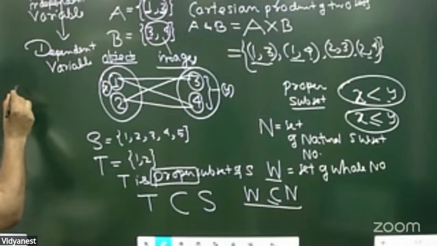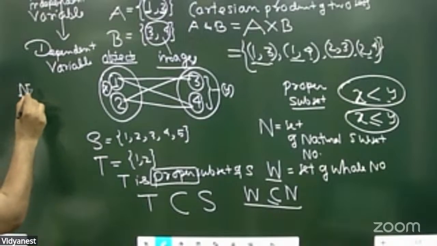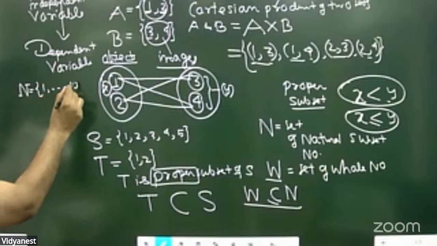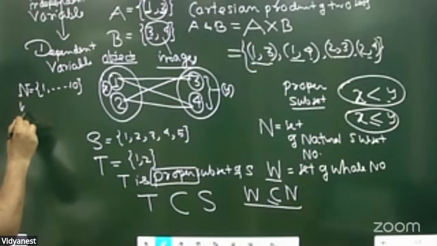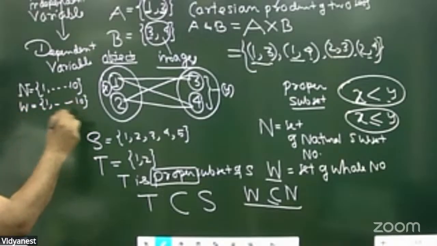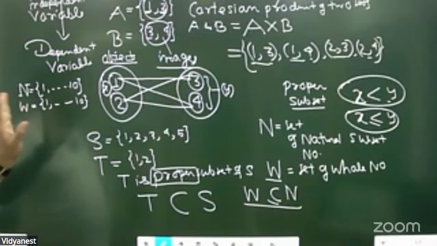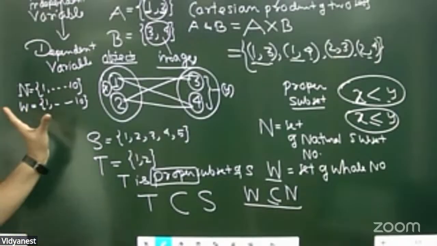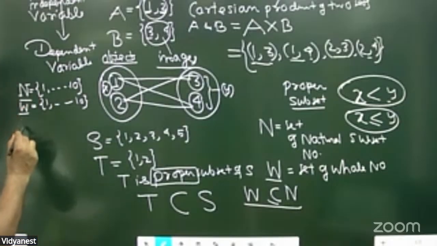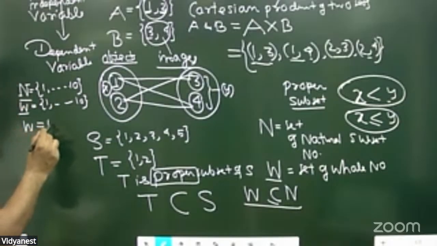Suppose you have a set of natural numbers from 1 to 10, and a set of whole numbers that is also 1 to 10. Means 0 is excluded; not all whole numbers are taken. In that case, whole and natural will become equal.